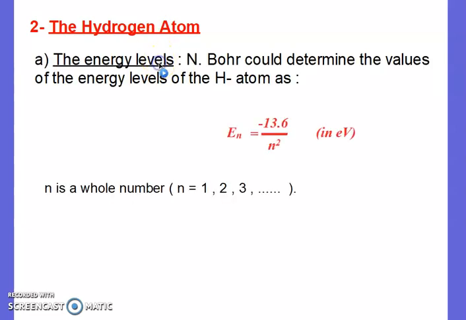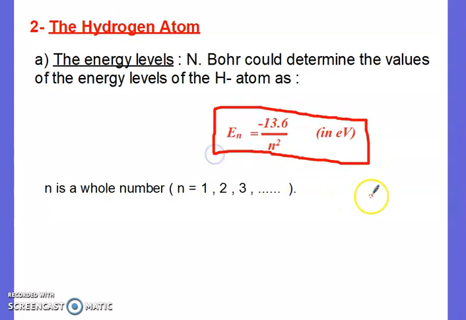So the energy values of the hydrogen atom is given by this rule: En equal minus 13.6 over n squared.